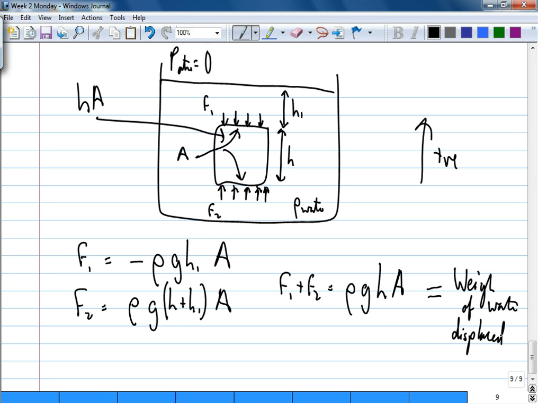You can calculate it in a few different ways, but what I've just demonstrated here is that the buoyancy force is equal to the weight of the water displaced. Yes or no? Although I did it flat, what happens if I turn this thing so that it's shaped like this? Any difference or not? No, right? So whichever way, the buoyancy force is equal to the weight of the water displaced.